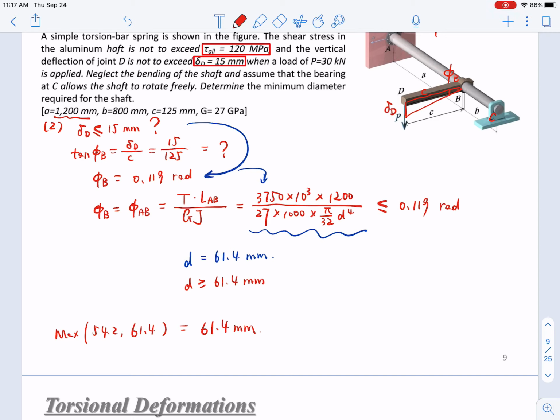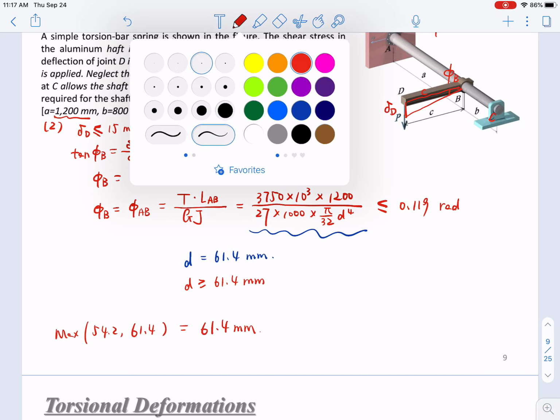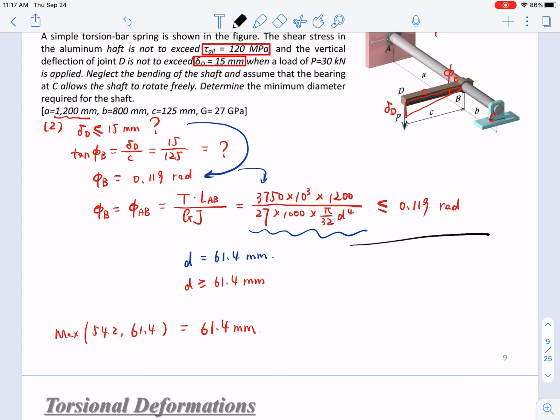Okay, here we're done with this example, but I have two more questions, and this will be your in-class assessment. The first one is what is the torque in BC, the internal torque in section BC?